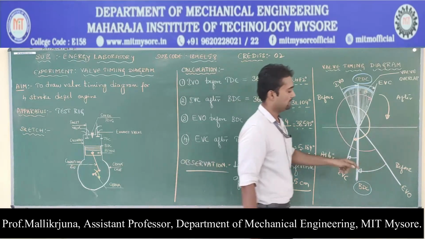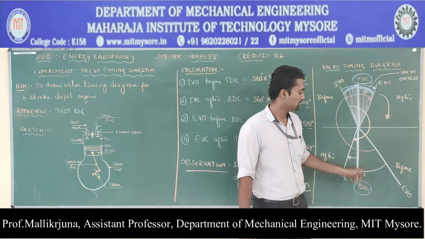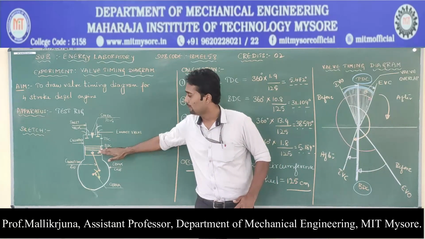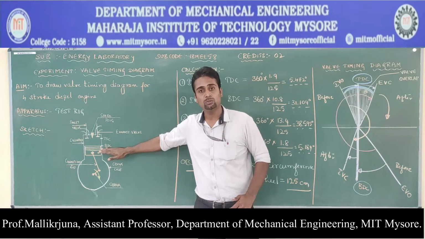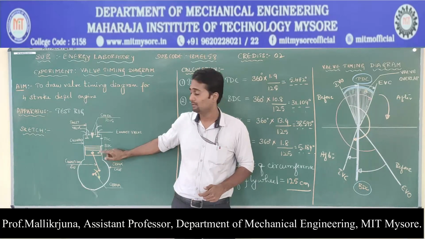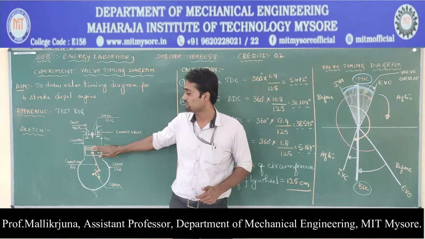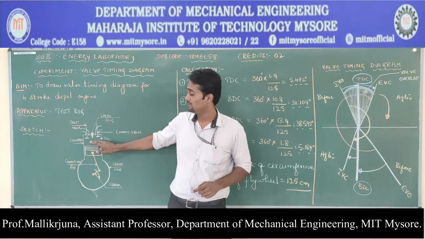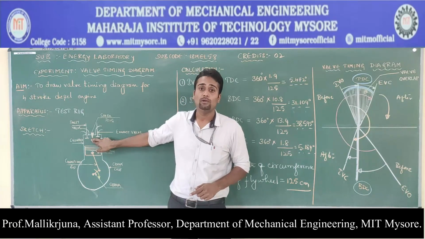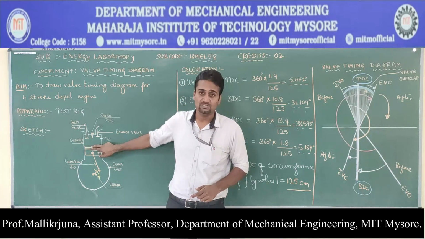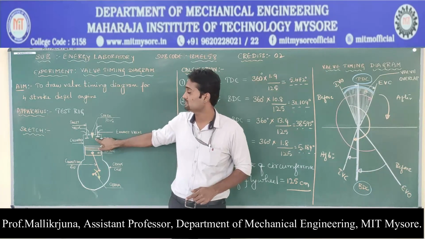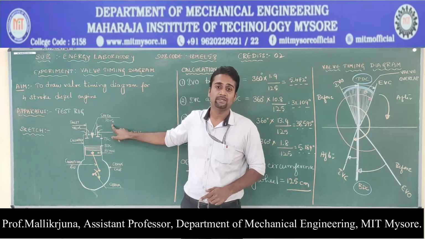Now if we look at the exhaust valve opening, the exhaust valve opens before BDC. That means the exhaust valve is getting opened before the piston reaches the BDC. Why is it so? The complete power stroke has not happened, but the exhaust valve is opening before it reaches the BDC, because the part of the pressure that would be applied onto the piston by the exhaust gases is compromised, so that this pressure can be utilized in sending the burnt gases out of the exhaust valve.